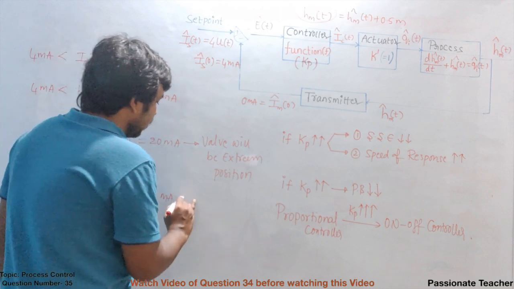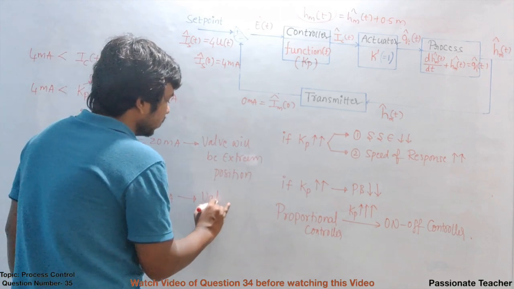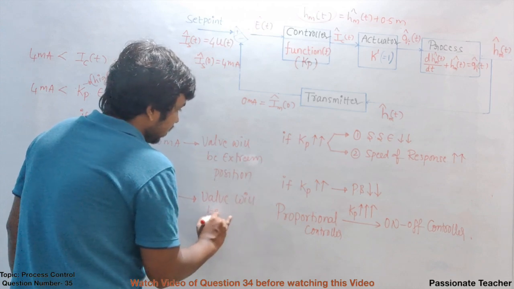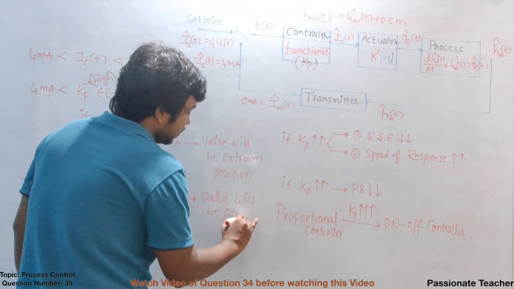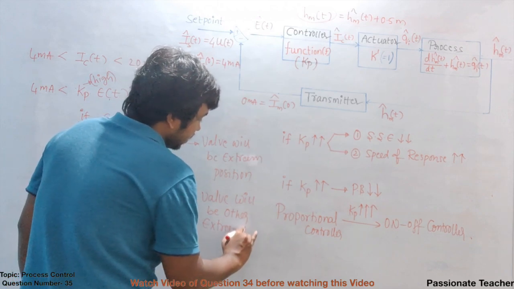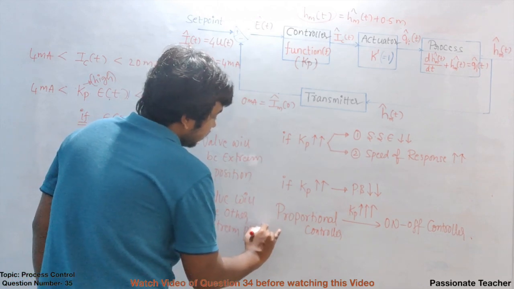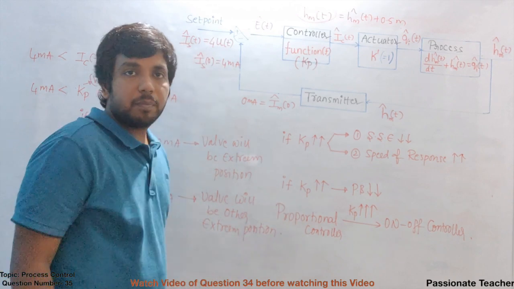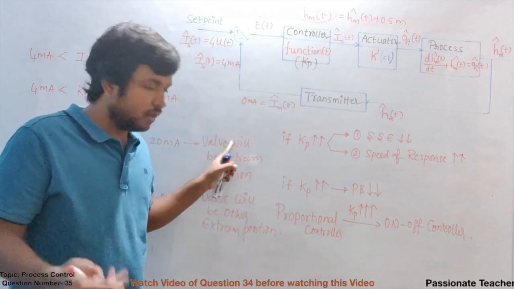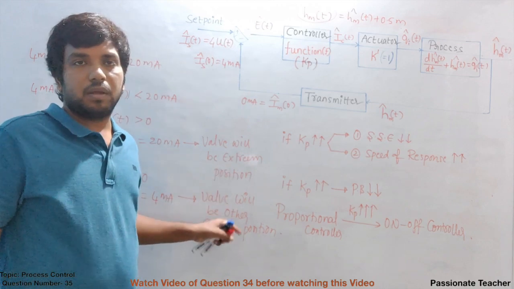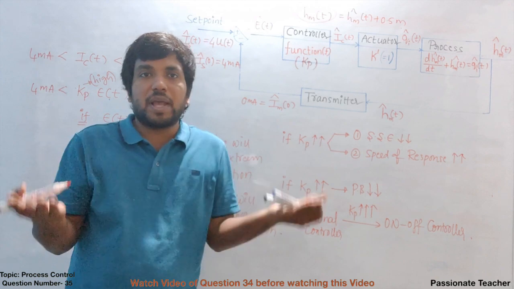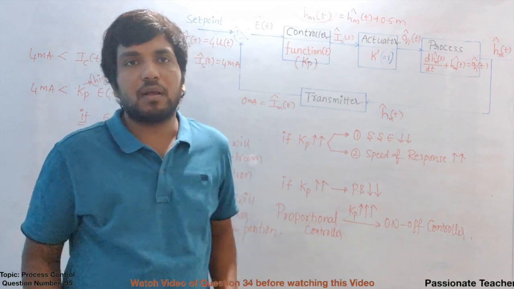In this case the valve will be in the other extreme position. So if it is fully open here, then it will be fully closed here. That is, for minute errors, extreme action will be taken in the case of an on-off controller.